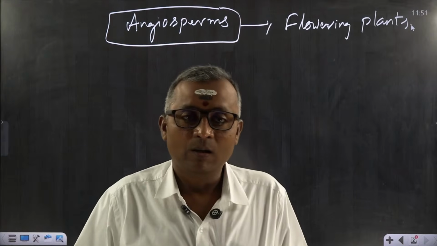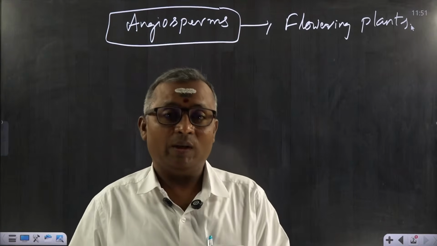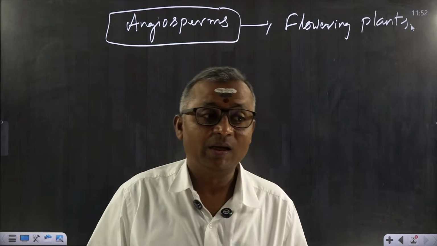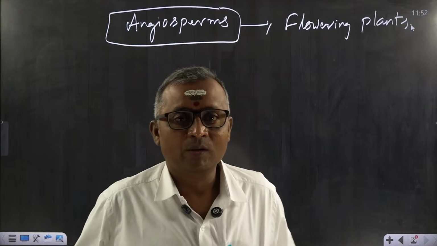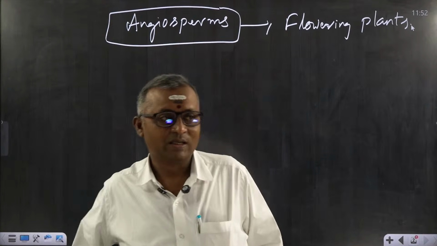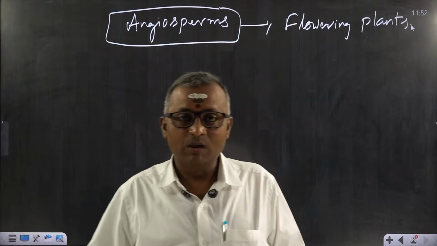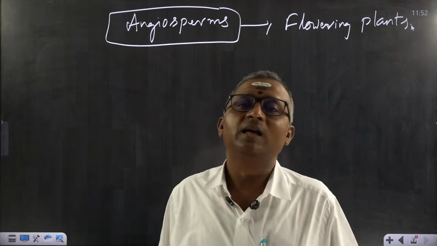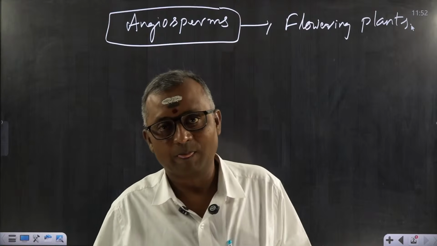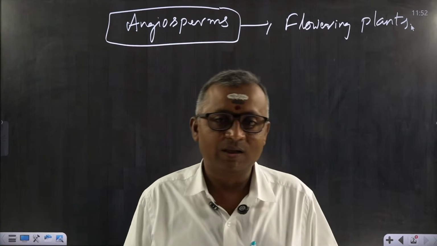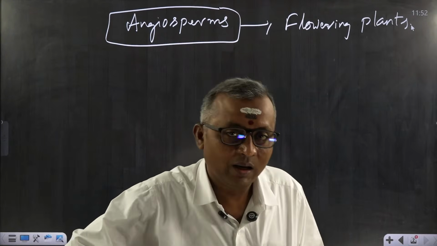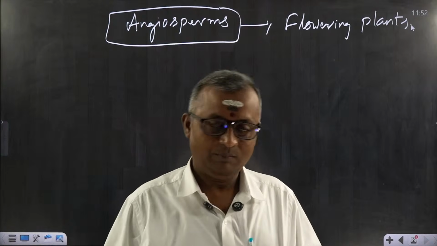That means morphology includes external morphology and internal morphology. External morphology gives external details of a flowering plant. Internal morphology is also called histology and anatomy.